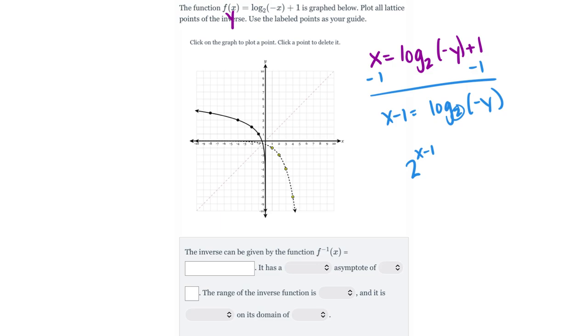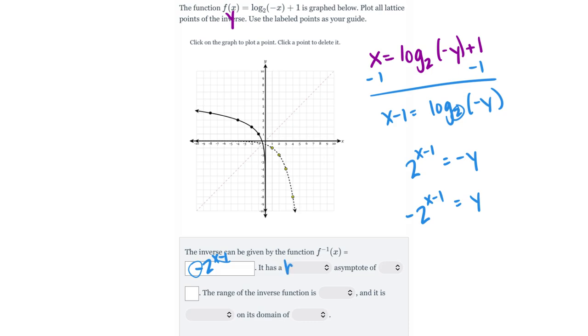So x minus 1 is the exponent, and then this will be equal to negative y. And then to get y by itself, we would just need to divide by negative 1, which would make this negative 2 to the x minus 1. And you can see this, since it's upside down, that's what makes it negative. And then the minus 1 has shifted everything to the right one.